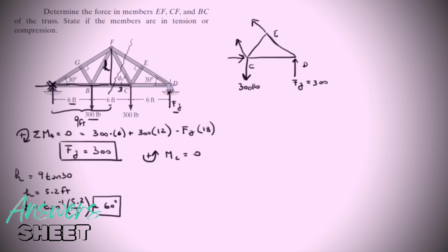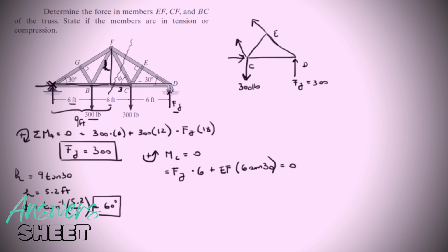Fy is going up, and it's 6 feet away, so Fy times 6 plus EF times 6 sine of 30 is equal to 0.